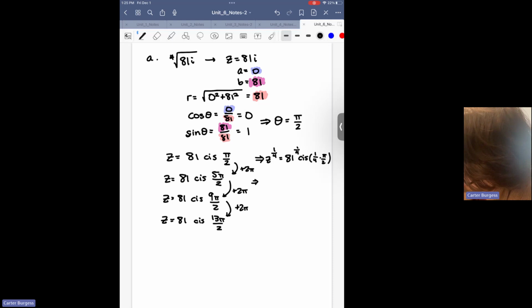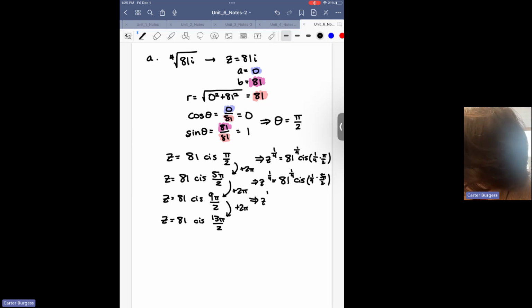This is again z to the 1/4. I'll just go through all of these. 81 to the 1/4 CIS of 1/4 times 5 pi over 2.